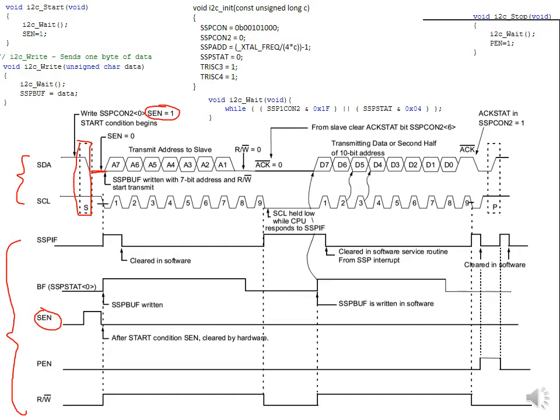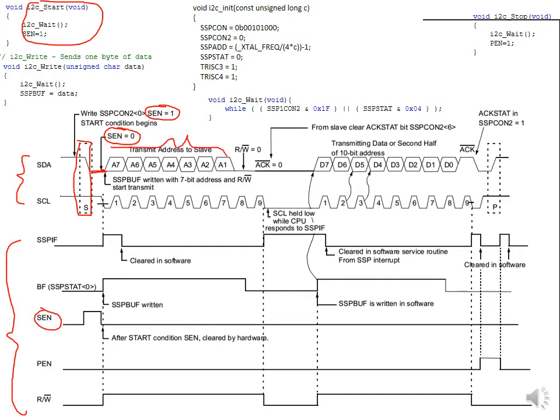When we finish the start condition, this bit will become 0 automatically in the software. Okay, so that means we already generated the start bit, so we can write it as the function start here.